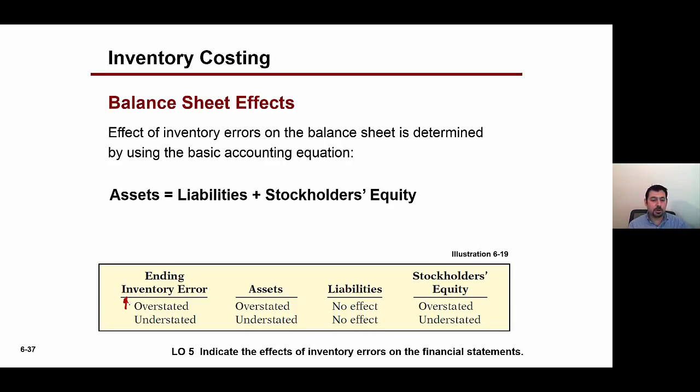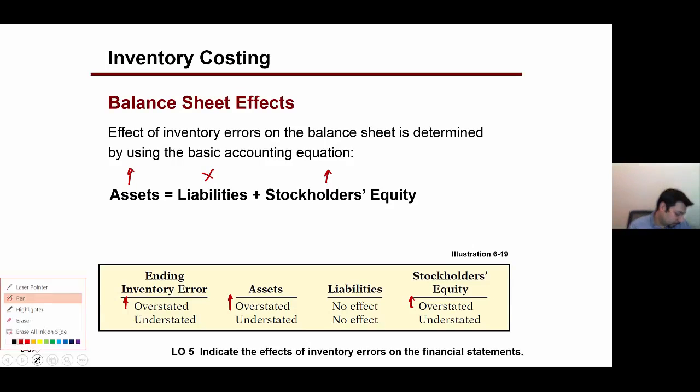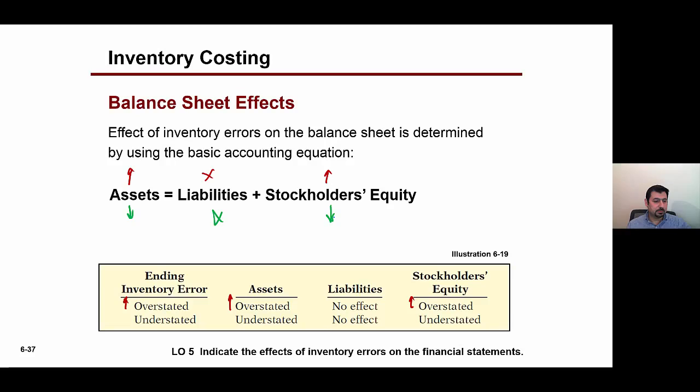You're claiming you have more assets, so your assets are overstated. Liabilities will not change because it has nothing to do with liabilities. But stockholders' equity will be overstated. So if this one is overstated, this one has no effect, and this one will also have to be overstated. And if this one is understated, this one again will not change and this one will be understated.